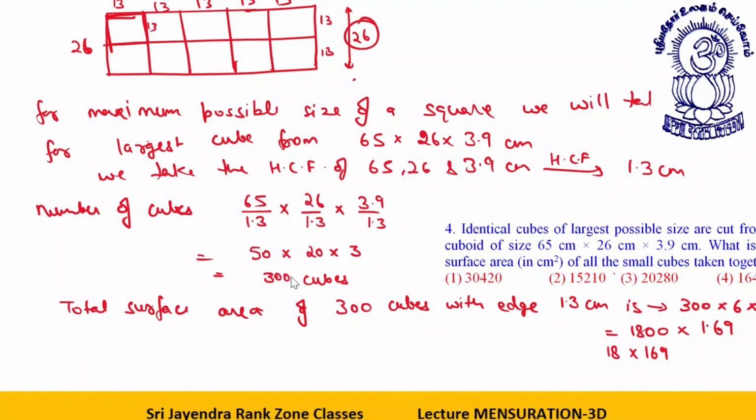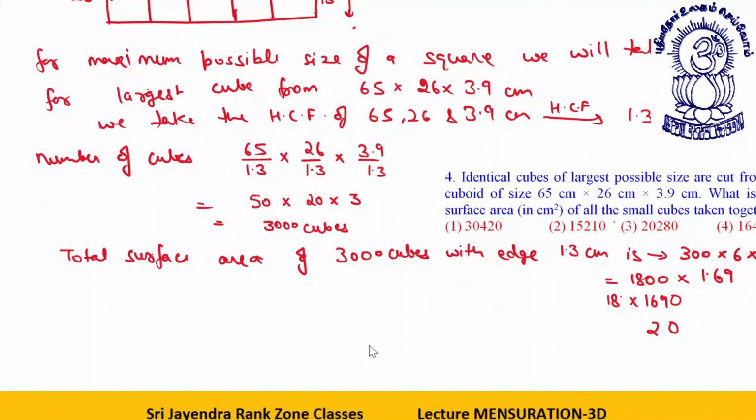Just one small mistake, there is a 0 over here. 8 into 9 gives you 72, so the last digit will be 0. How many options have 20?